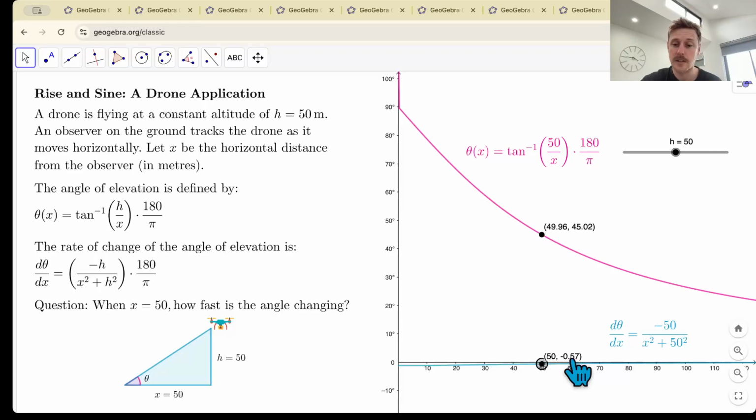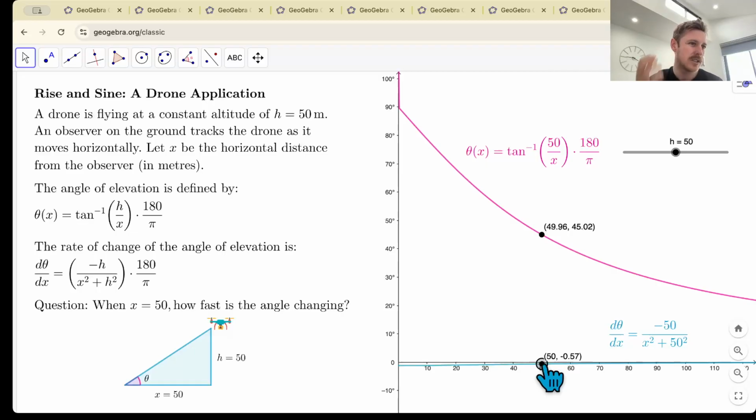So yeah, that's what this derivative graph is saying in terms of understanding the practical application. So for every meter it moves horizontally, the angle is decreasing by 0.57 degrees.